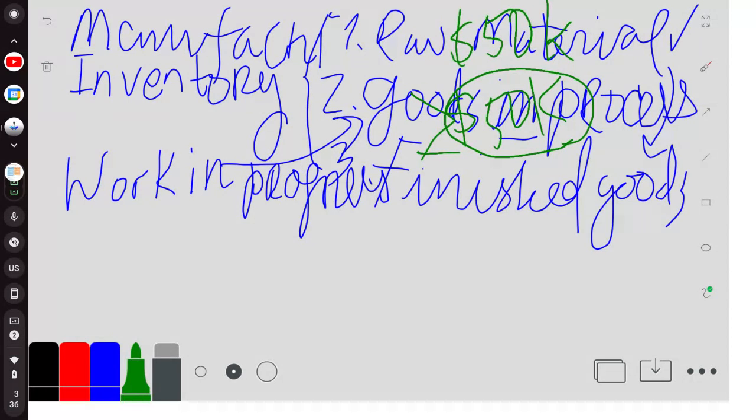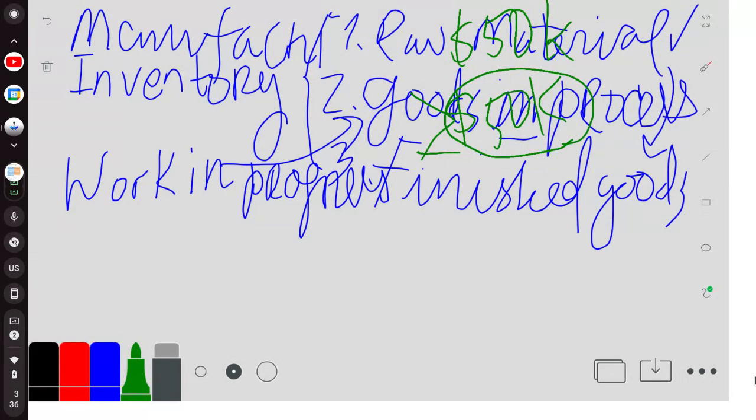So that's why it becomes very difficult to put a dollar value on it. But at least you should keep track of where that raw material went, in other words, where that $50,000 went.